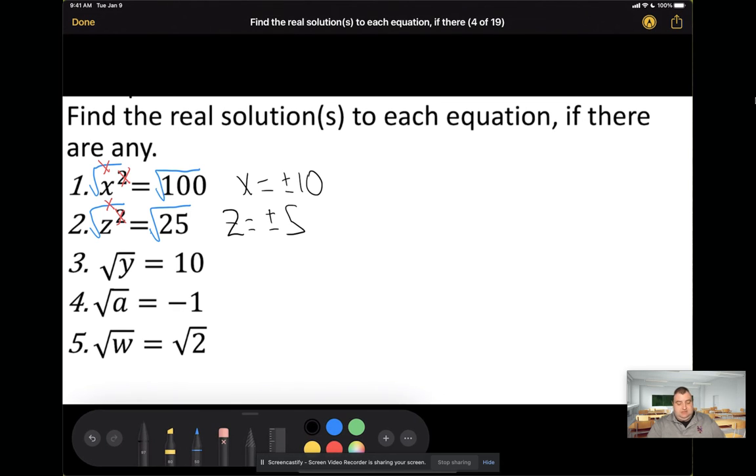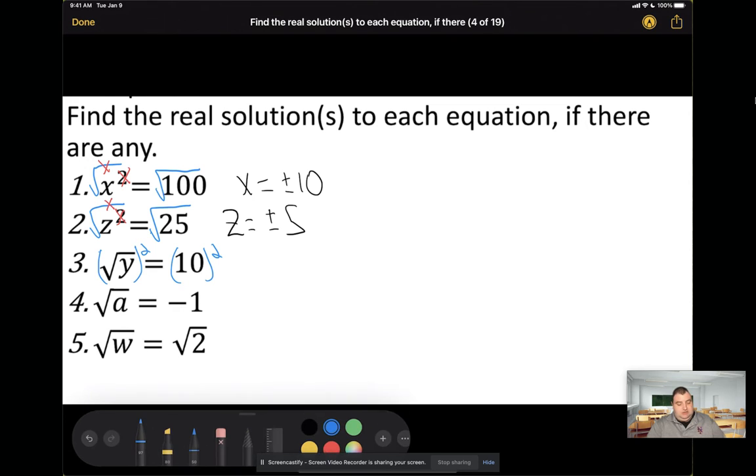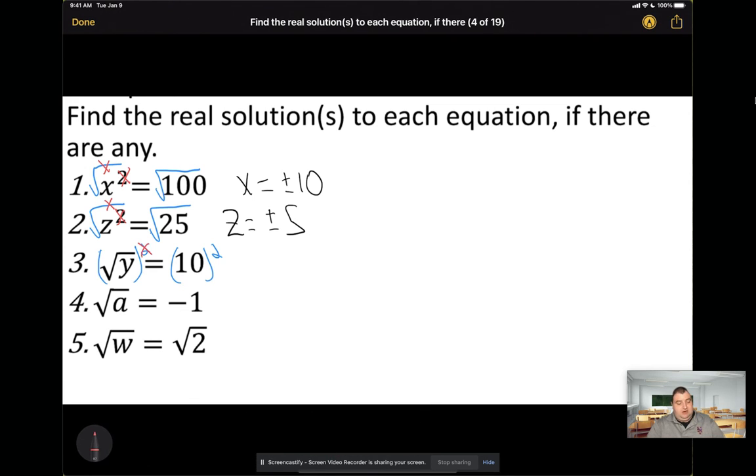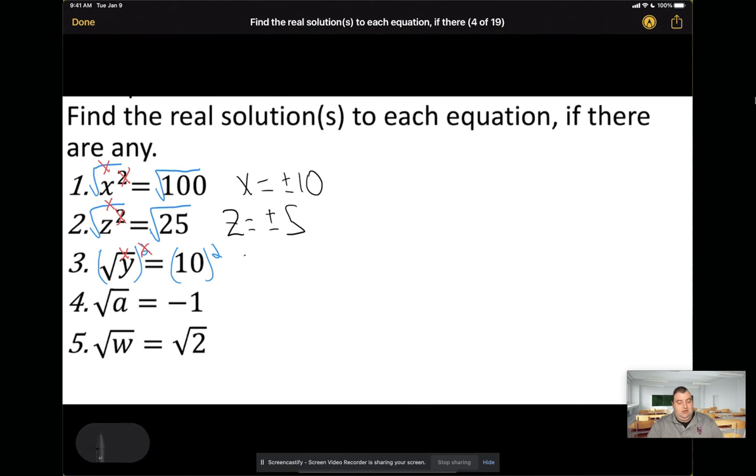In that case, I'm still going to do the opposite, but the opposite of square rooting is squaring. So I'm going to get rid of the square root by squaring both sides. The squared will cancel out the square root, and I'll be left with y equals 10 squared, which is 100. So number 3 only has one solution.